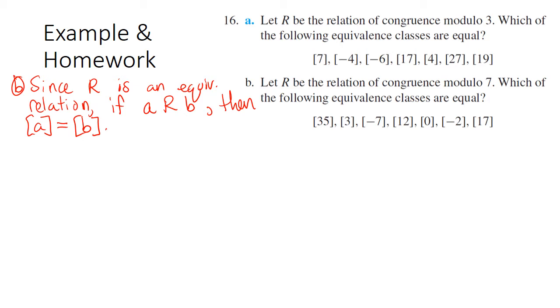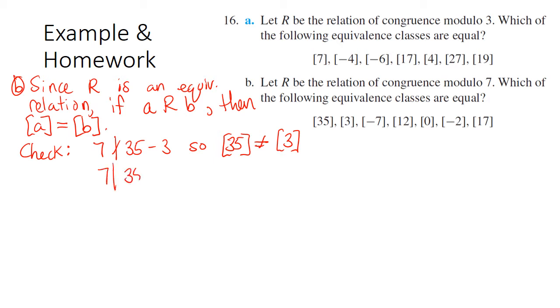So let's just check 35 and 3. So I think 7 does not divide 35 minus 3. So that would mean that 35's equivalence class is not the same one as 3. Let's see. We could also check, I think 7 does divide 35 minus negative 7, because that would be 42. So those two will have the same congruence class or equivalence class.